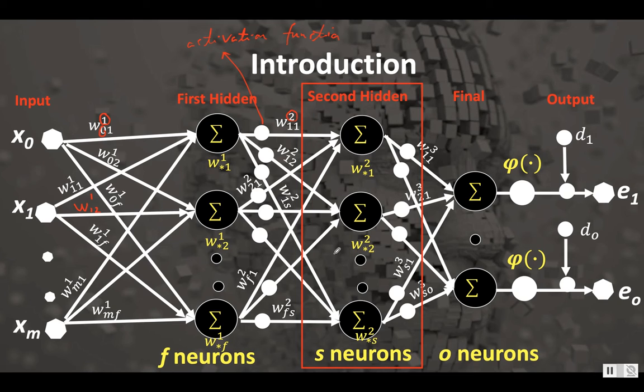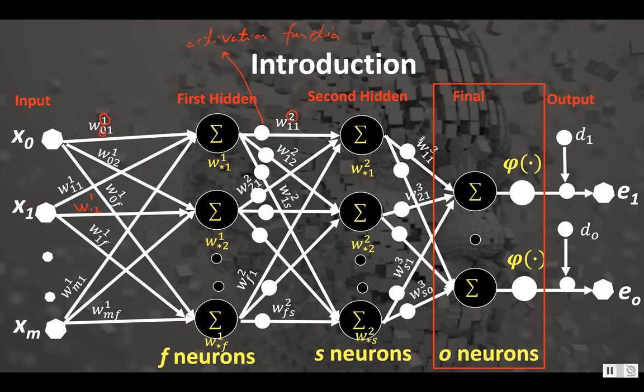Of course, you can have multiple hidden layers as long as you need. And then the output of the second hidden layer goes through another activation function. The output of this activation function is multiplied with the third weight, that is W311.